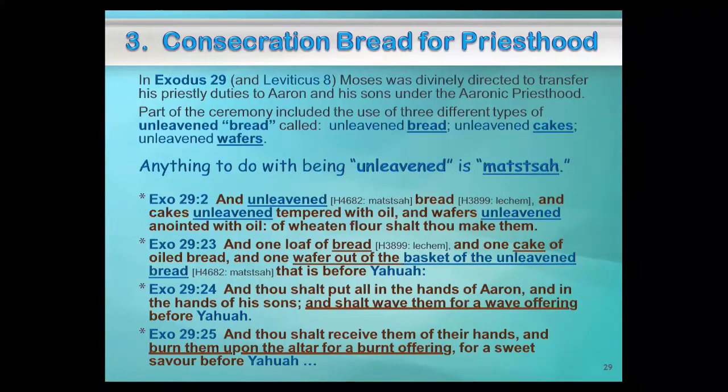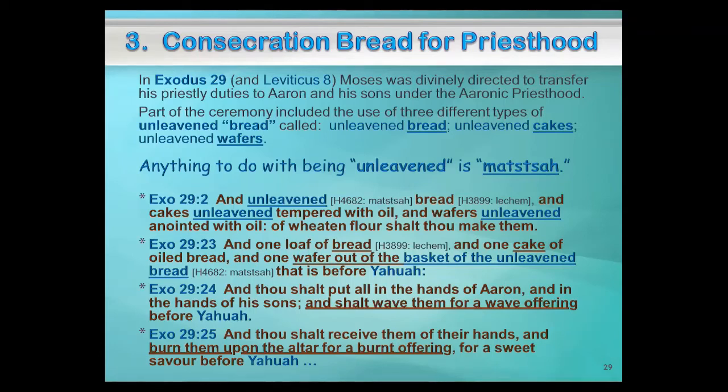In verse 23, and 1 loaf of bread, and 1 cake of oiled bread, and 1 wafer out of the basket of the unleavened bread that is before Yahuwah. And thou shalt put all in the hands of Aaron, and in the hands of his sons, and you shalt wave them for a wave offering before Yahuwah. And thou shalt receive them of their hands, and burn them upon the altar for a burnt offering, for a sweet savor before Yahuwah. Are you noticing that unleavened is in there everywhere? Matzah, it is a qualifier.